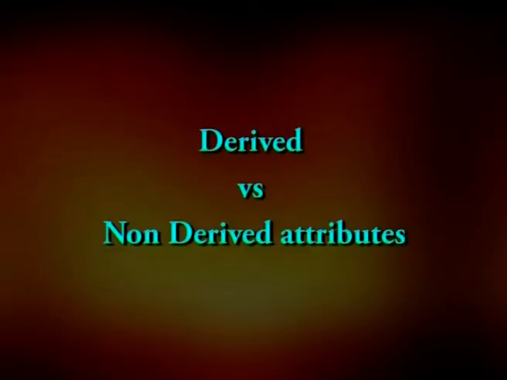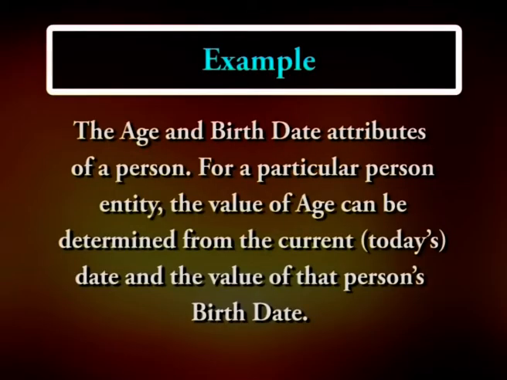So, then we move to derived versus non-derived attributes. In some cases, 2 or more attribute values are related. For example, the age and the birth date attributes of a person, they are related.